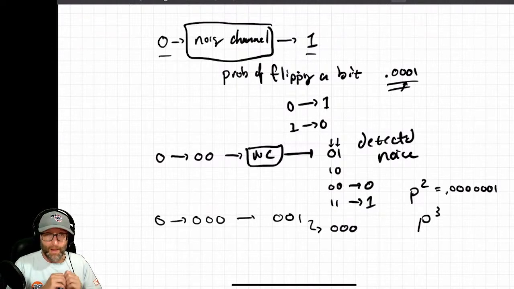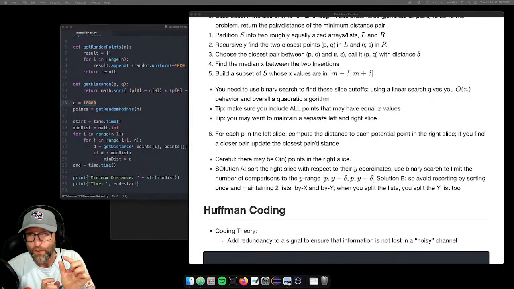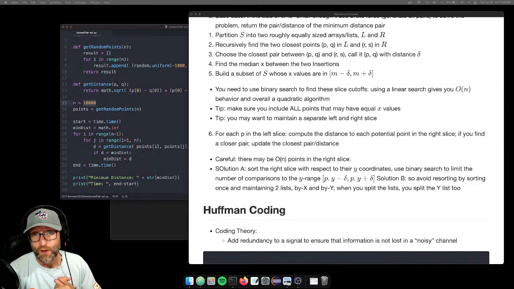So that branch of coding theory involves, how do we only add a little bit more information, a logarithmic additional amount of information, in order to both detect and/or correct errors in transmission or even in storage. CDs, for example.